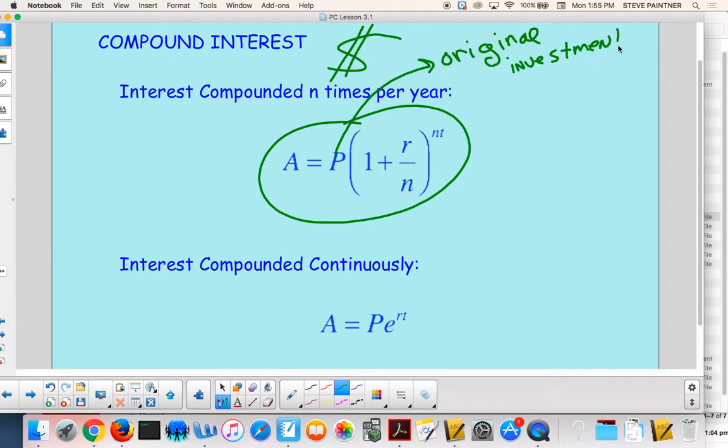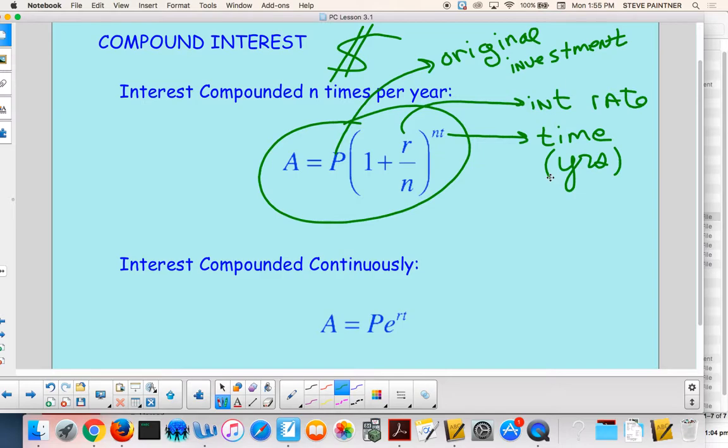The letter R is known as the interest rate. The letter T, that's time, measured in years.